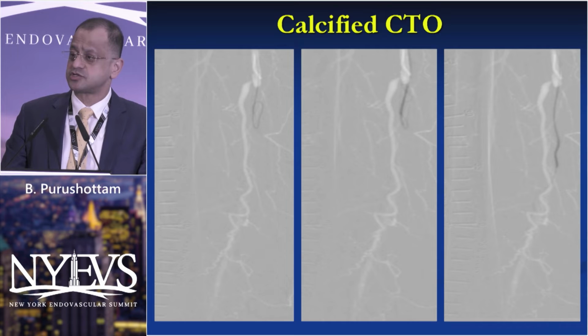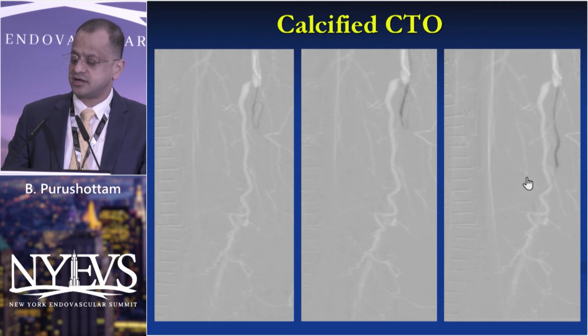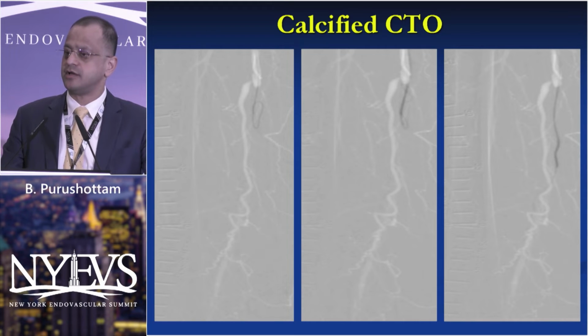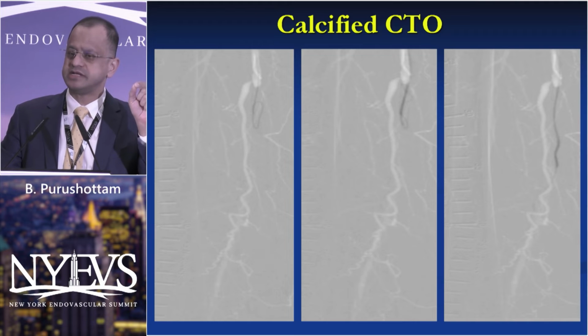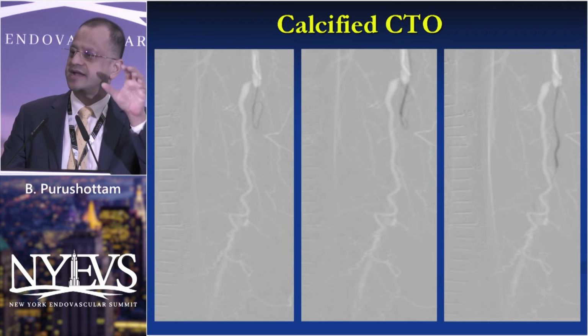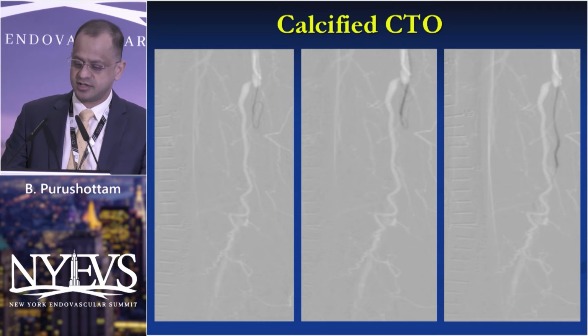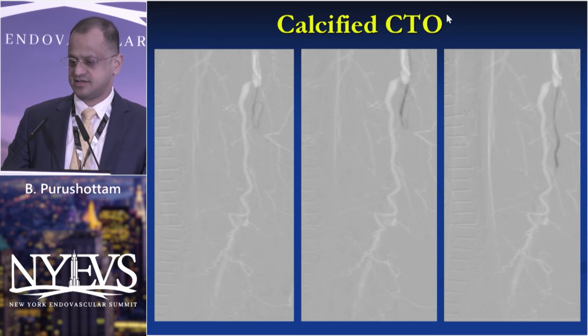And in some scenarios where you're not able to get through retrograde, I've done something called transcutaneous calcium fracturing, where under ultrasound, you define where the calcified segment is, make sure the patient is well anesthetized, and then you actually poke the calcium with a crooked needle. This way you create a few channels, and then you're able to enter through the CTO. So that's one technique of getting through calcified vessels.